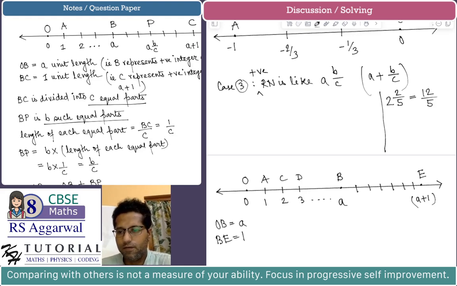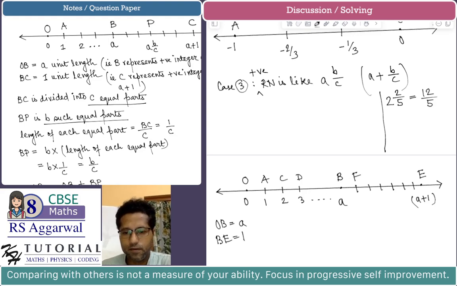And we will mark the equal parts. The first equal part to the right hand side of B is, let's say, BF.